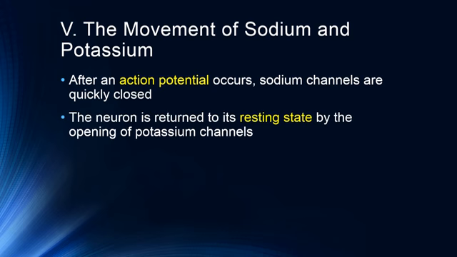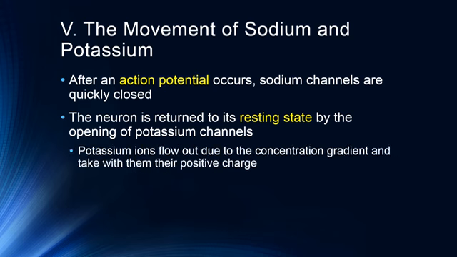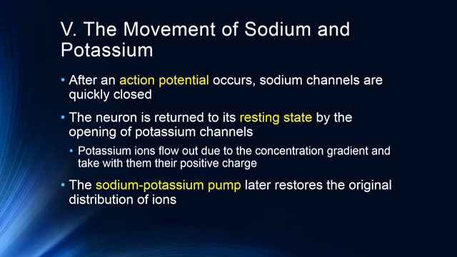The neuron is then returned to its resting state by closing those sodium channels and by the opening of potassium channels. Potassium ions flow out due to the concentration gradient and take with them their positive charge, again making the inside of the cell more negative than the outside. And then the sodium-potassium pump later restores the original distribution of ions.